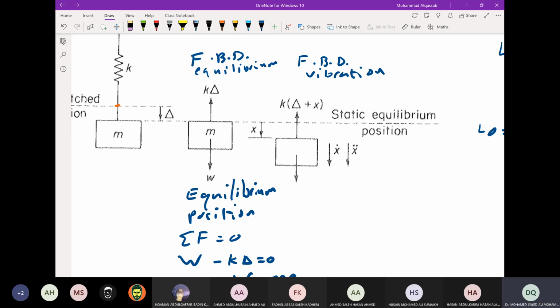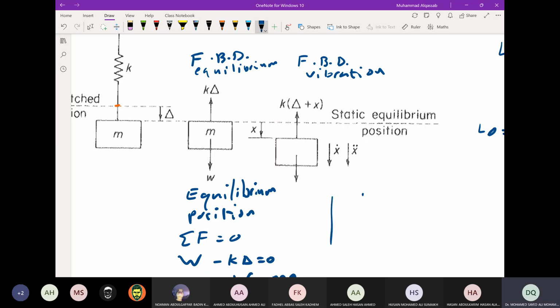You can put the free body diagram above the static equilibrium position, or you can make it below. It doesn't matter. Whenever you draw the free body diagram, you have to define a positive direction.